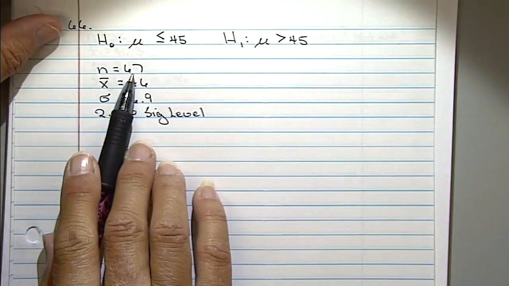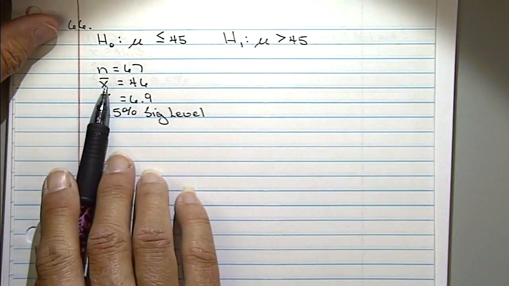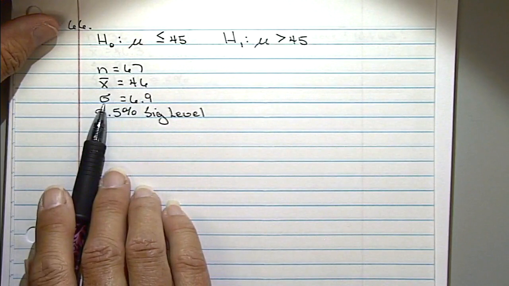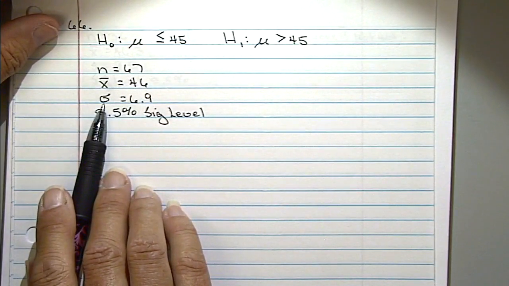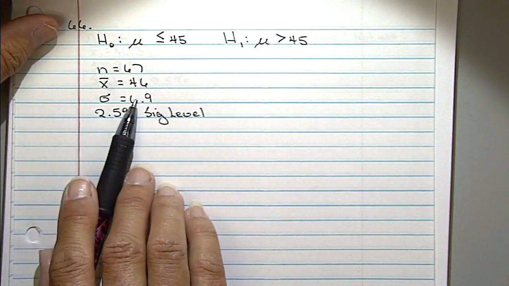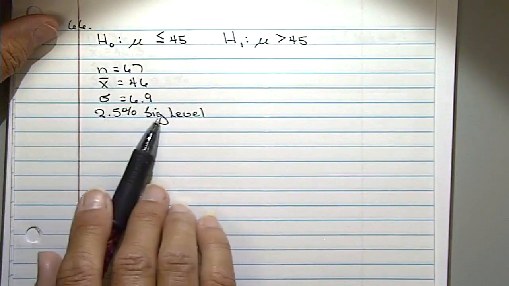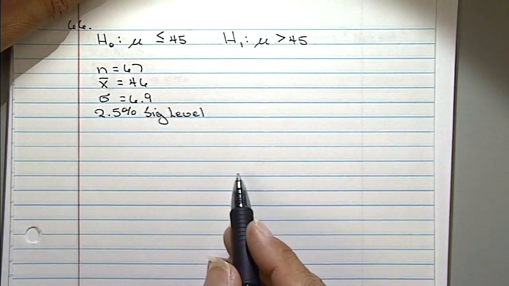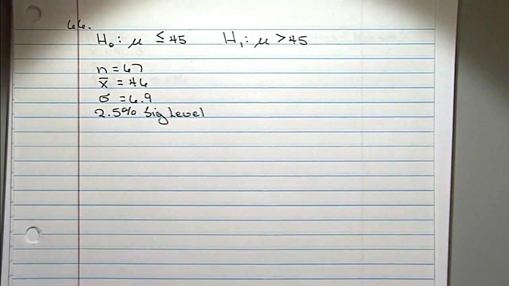They gave us a sample size of 67, a sample mean of 46, a population standard deviation of 6.9, which means we can use the z-table, and told us they wanted a 2.5% significance level. Now, before, we've been saying I want a confidence level of this, and it's been kind of different.